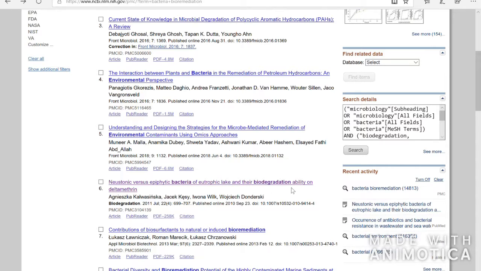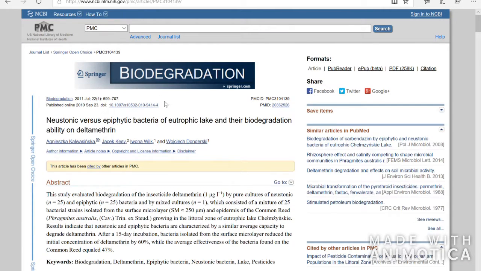And their biodegradation. Hopefully you know what degradation is. You're degrading something. The ability to degrade deltamethrin. So they're measuring two types of bacteria on a lake that is affected, and they want to know if they can degrade this chemical called deltamethrin, which I assume is bad. I wouldn't know. I mean, I would know, but I'm looking at it from y'all's point of view.